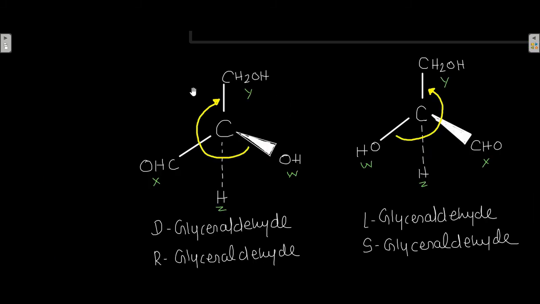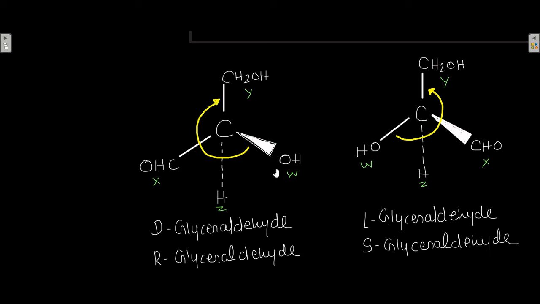So this is D-glyceraldehyde, the R-glyceraldehyde. As you can see, we have given the priority to the groups. OH has the highest priority, then CHO, and then CH2OH, and at last Z. This is how the priority goes.